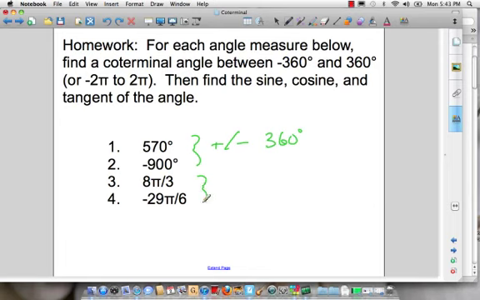For these two, 8 pi over 3, negative 29 pi over 6, you're going to have to add or subtract multiples of 2 pi. These are in radians. And once you find a coterminal angle that's already on your unit circle handout, you'll be able to use the xy coordinates to find sine, cosine, and tangent. Good luck. Have that ready for class next time.